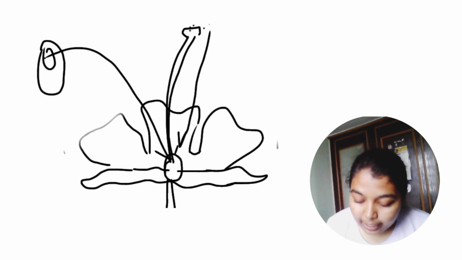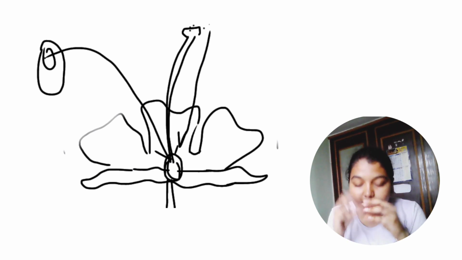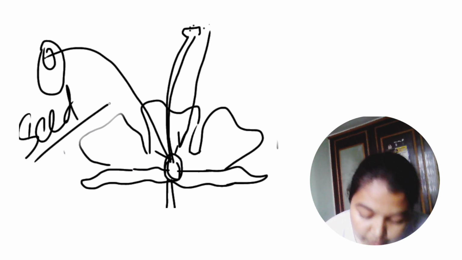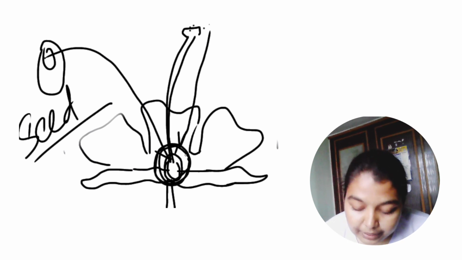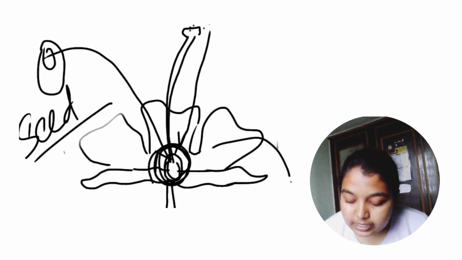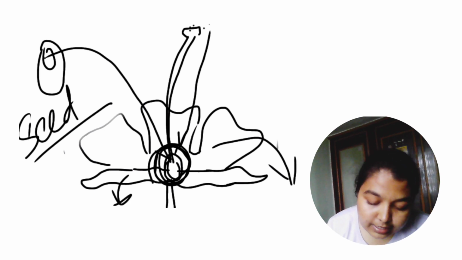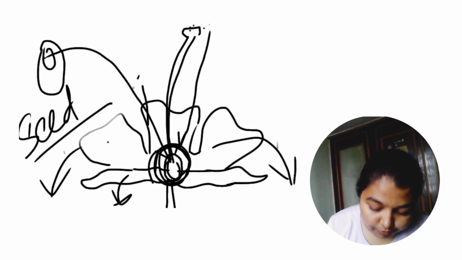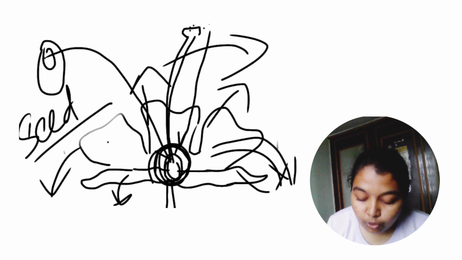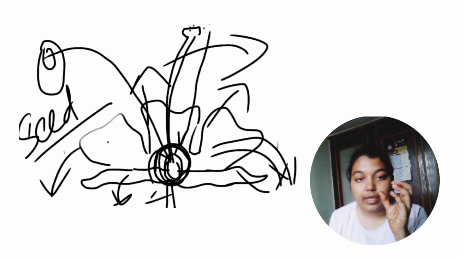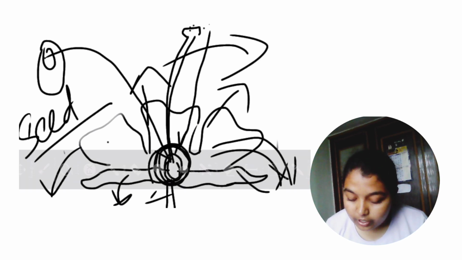When the pollen grains combine with the ovule, it turns into a seed. When that seed is formed, it becomes bigger and bigger, and the petals and sepals start falling off. Everything falls off except the stalk.